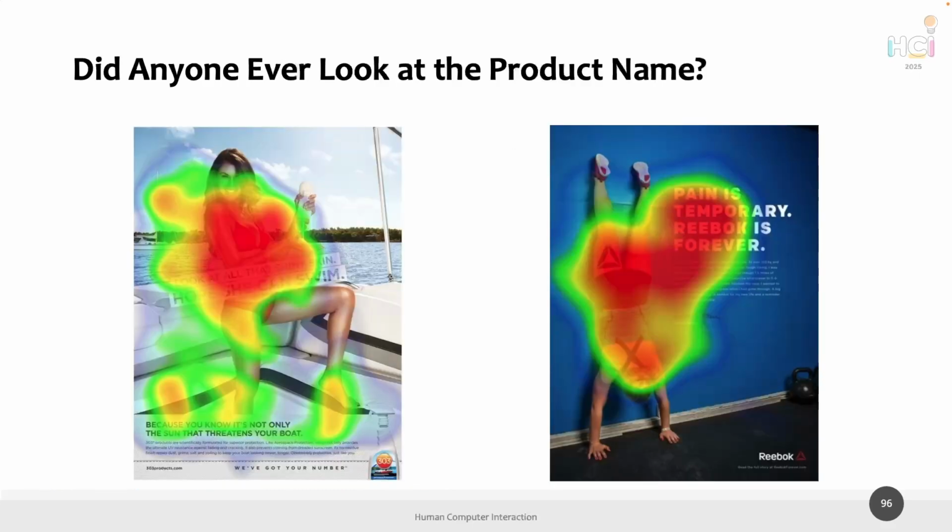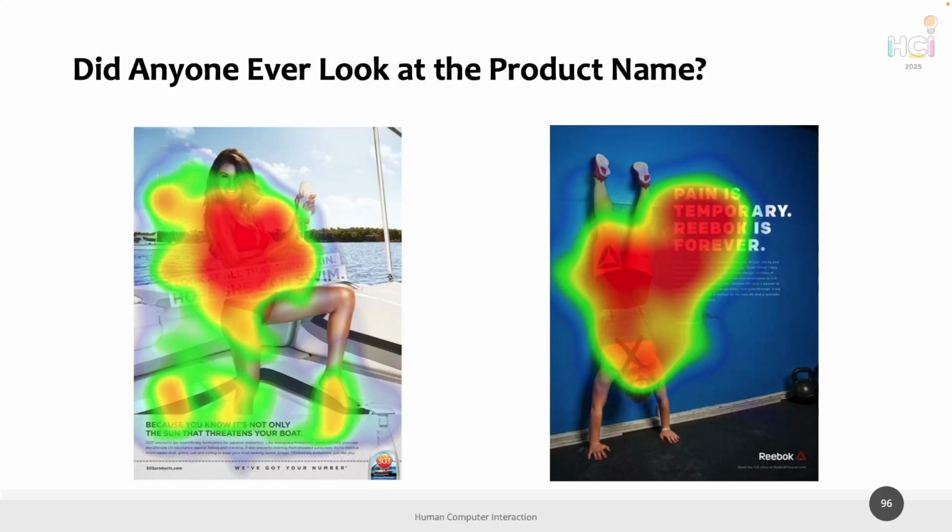What people do is actually this: they look at the images, they look at the focal point without paying attention to the text. So no one read that specific text in this advertisement. The red area is, of course, where people typically look on the page. And this has been measured through a particular instrument called an eye tracker.